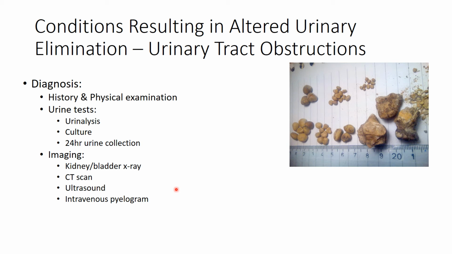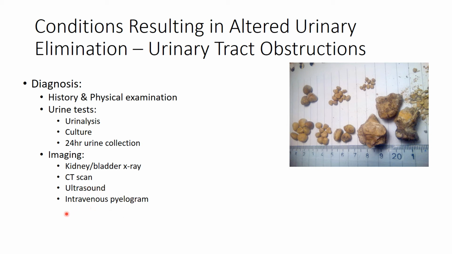Right. We're going to use standard imaging, so looking at our bladder and kidney through an X-ray. CT scan is going to give us a three-dimensional X-ray pretty much. Ultrasound is going to give us a view in real time, and then intravenous pyelogram.